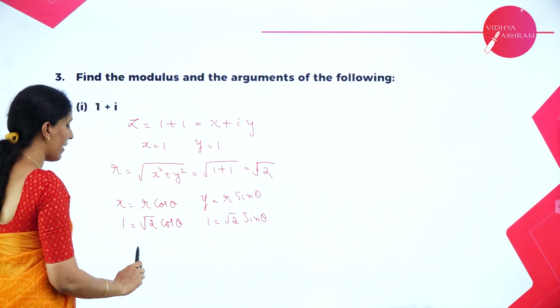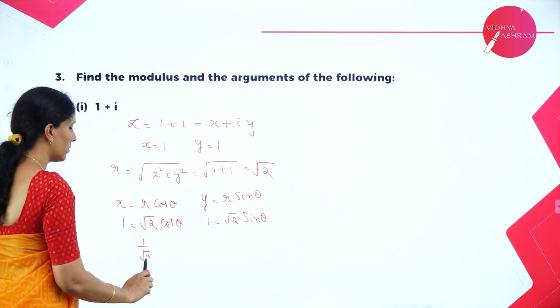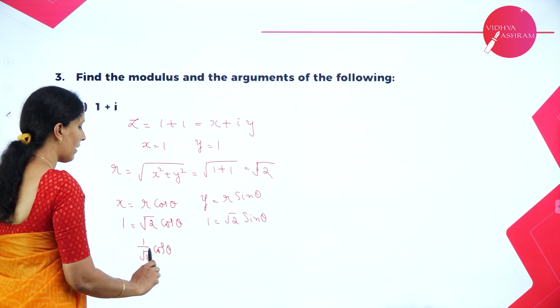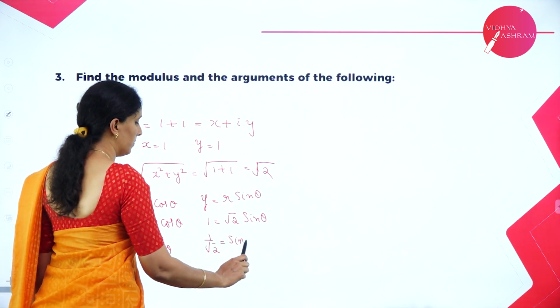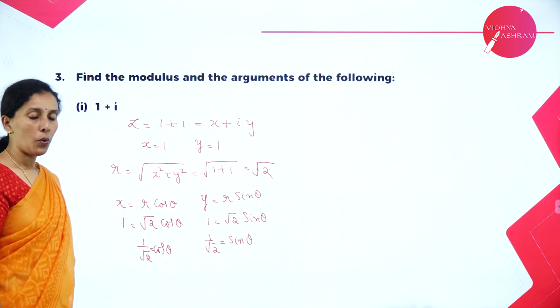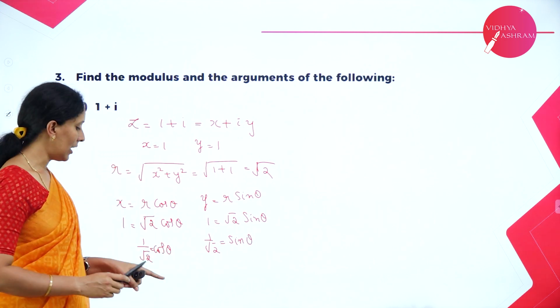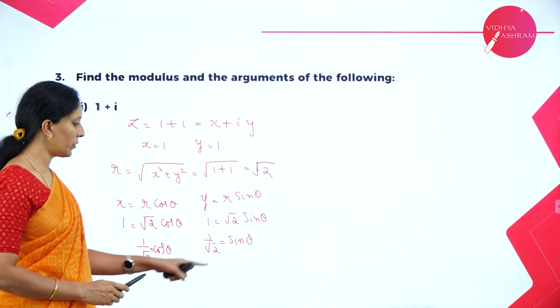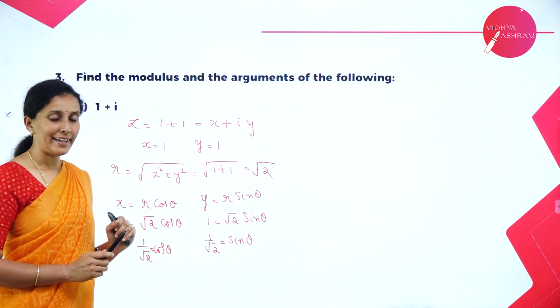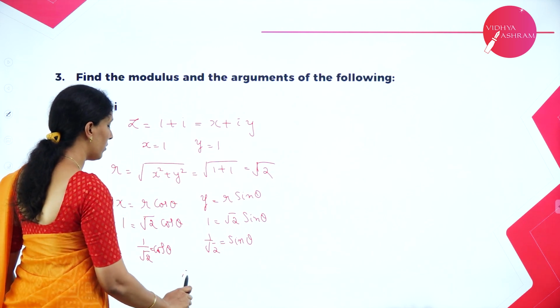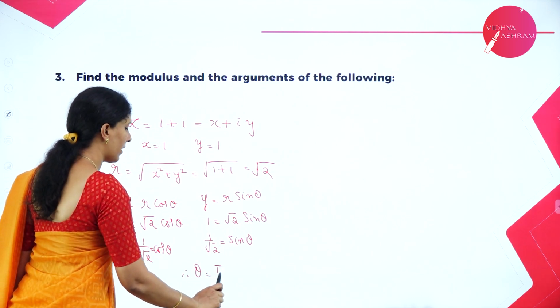So, now we have 1 by root 2 as the cos theta value and 1 by root 2 as the sin theta value. Now, for which angle is the cos function 1 by root 2 and the sin function 1 by root 2? It is for 45 degrees or pi by 4. So, theta is equal to pi by 4 here.